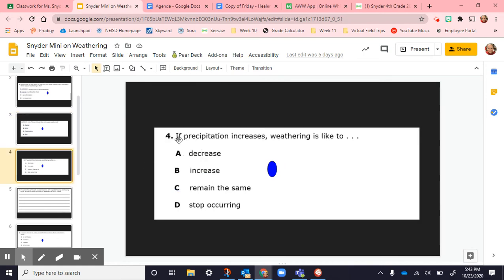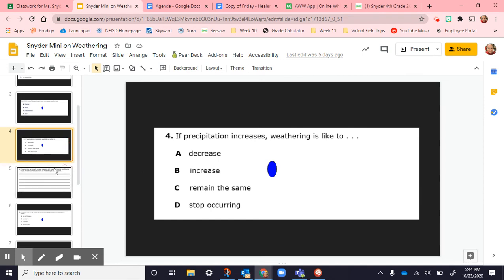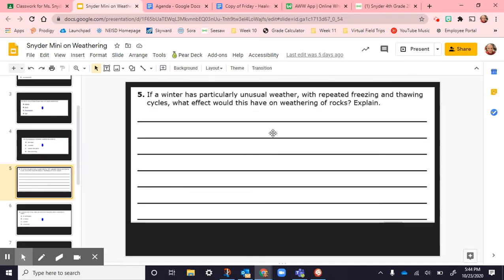Number 4, if precipitation increases, so let's say, for example, rain increases, meaning it starts raining a lot more, weathering is likely to decrease, so weathering is going to happen less, weathering is going to happen more, weathering is going to remain the same, or it's just going to completely stop occurring. And then number 5, they need to write in complete sentences, capital letter, punctuation, all of that.